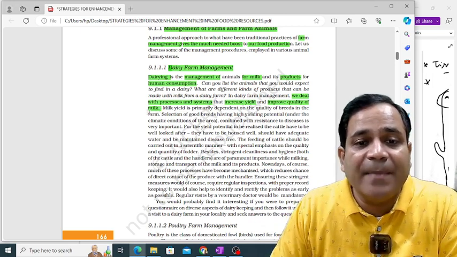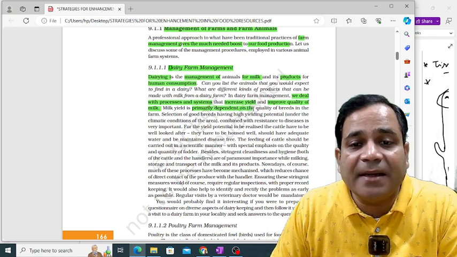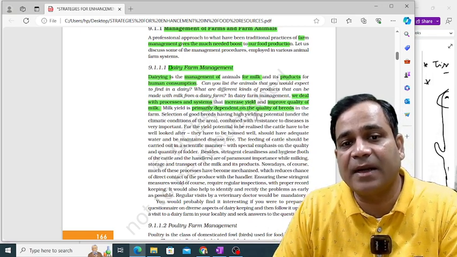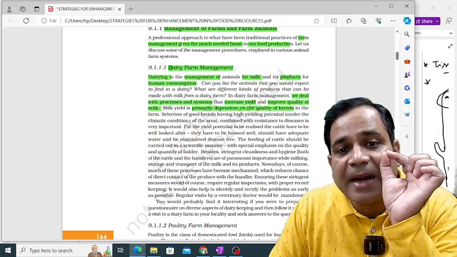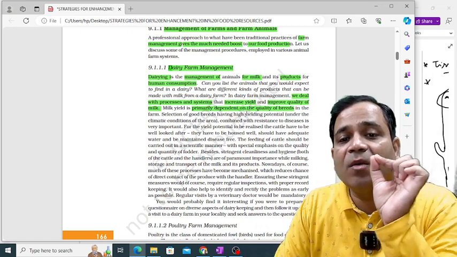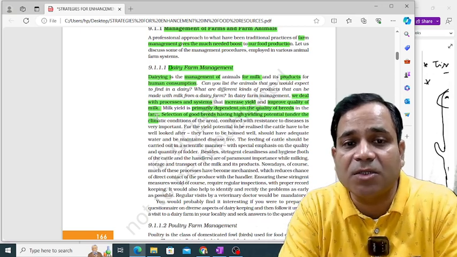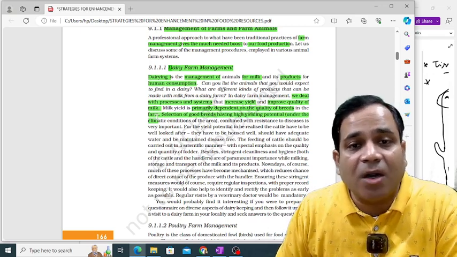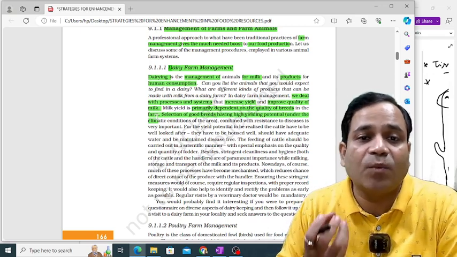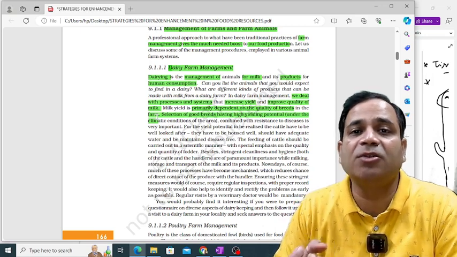Milk yield is primarily dependent on the quality of breeds in the farms, my dear. If the quality of the breeds is not good, then it's not possible to get a high amount of milk.